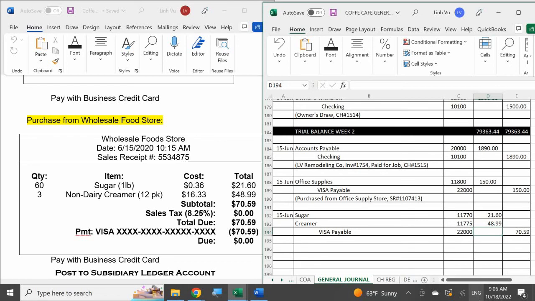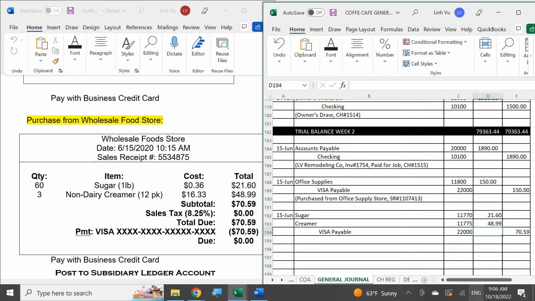Hmm. What's special about the items that we purchased? Is it part of the inventory? No, it's not part of inventory at all because this is a business supply.